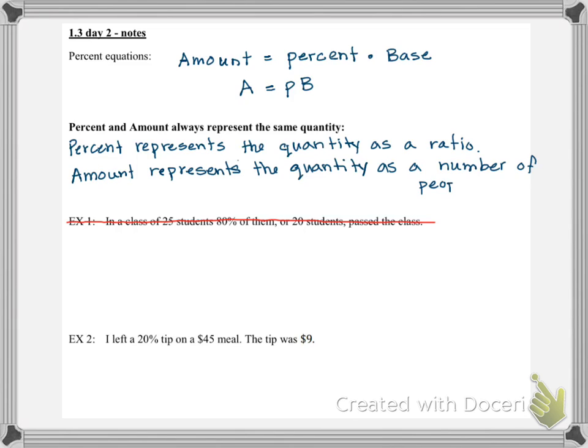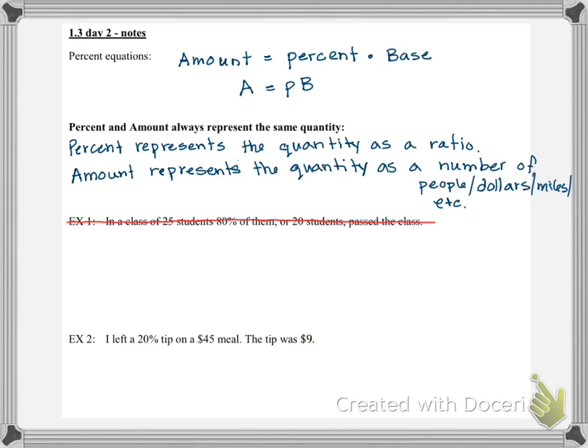People, dollars, miles, etc. So your units will just depend on the individual problem, but the percent is a ratio. The amount is you're actually counting how many of something that ratio represents.